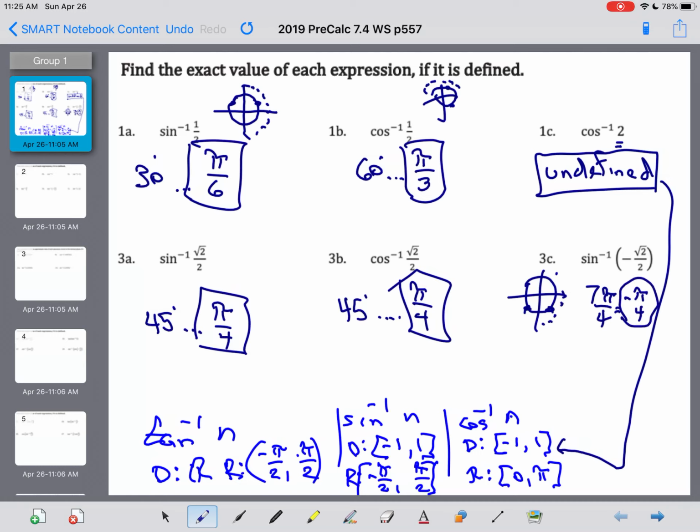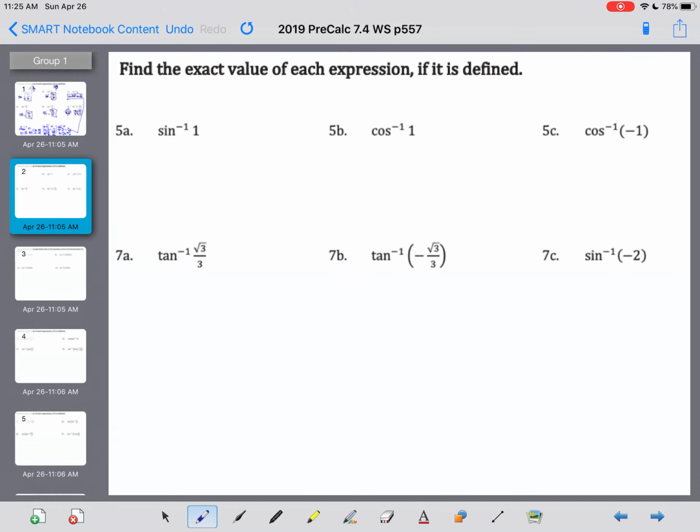So we have to be careful. 7 pi over 4 makes sense, but again, we want this range from negative pi over 2 to positive pi over 2.